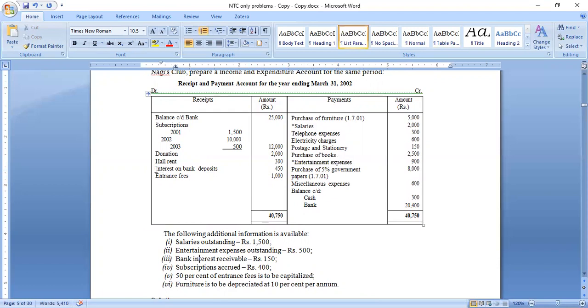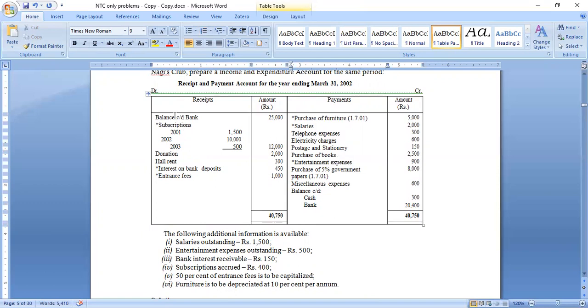So receipts: bank interest receivable, subscriptions accrued, subscriptions. Next, 50% entrance fee, and furniture, purchase of furniture.